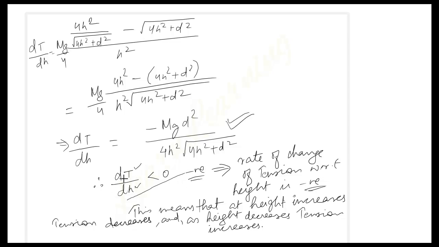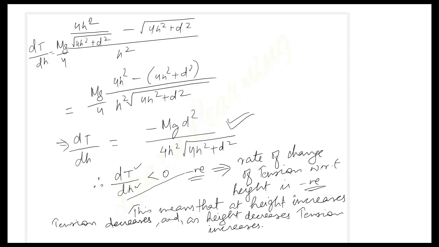When we say dT by dh, it is the rate of change of tension T with respect to h. So the rate of change of tension with respect to height is negative in this case. When one quantity decreases, the other increases. This means that as height increases, tension decreases, and as height decreases, tension increases.